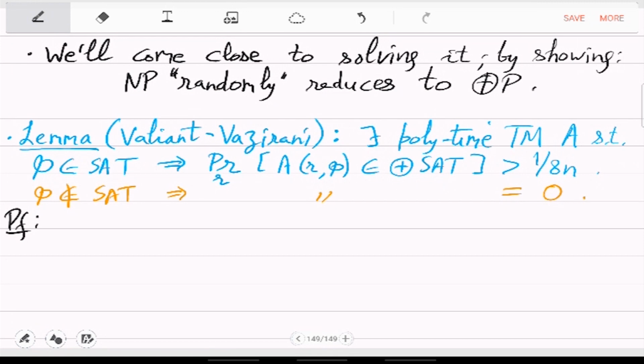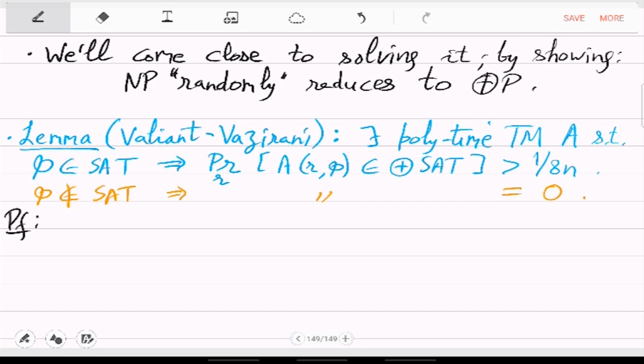So this formula psi will be in parity SAT, which is equivalent to saying that by definition it has an odd number of satisfying assignments, with decent probability, and if phi was unsatisfiable, then this will also be unsatisfiable. So in particular we are just saying that the probability of this happening will be 0.